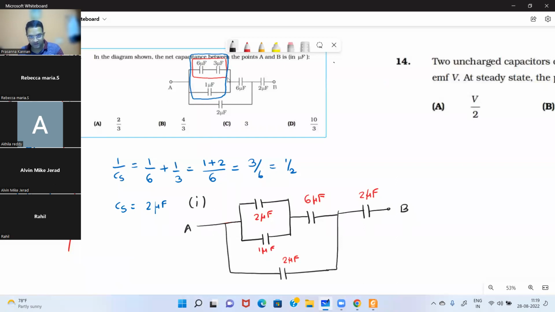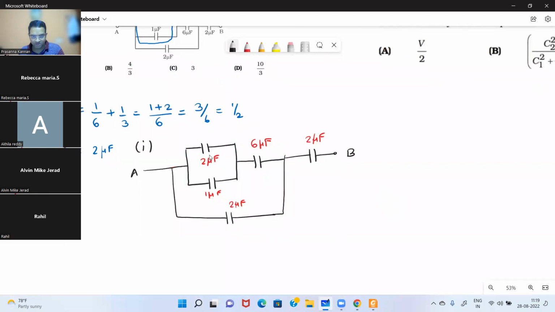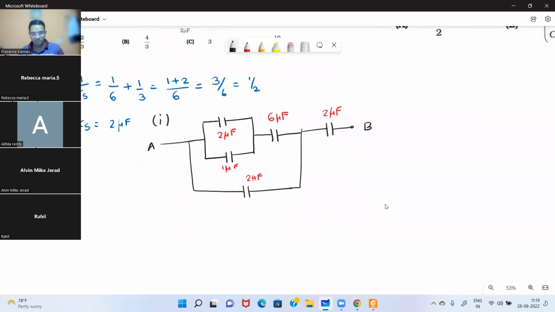So 6 and 3 has become 2 now. Now this 2 and 1 which are in parallel will give you a 3. So we have a 3 microfarad and a 6 microfarad here. What I have done is I have simplified these two.